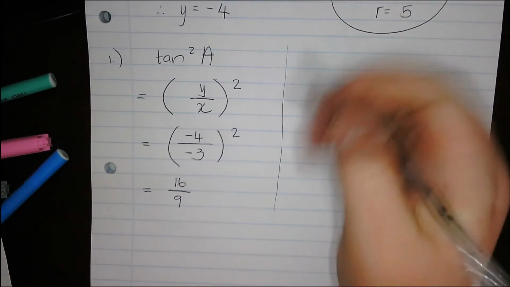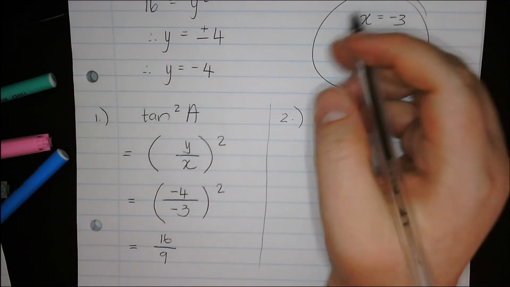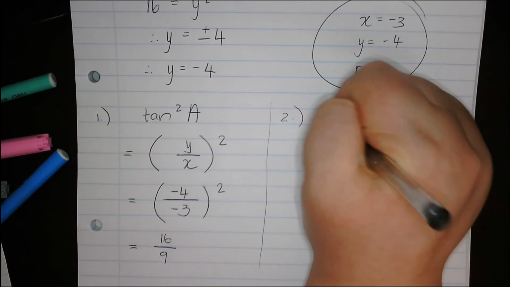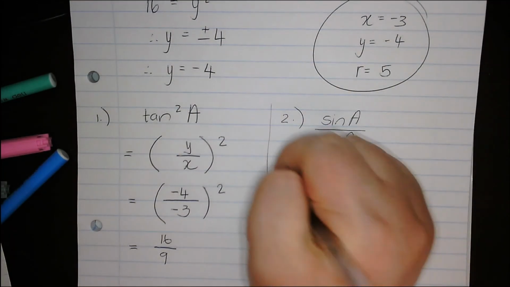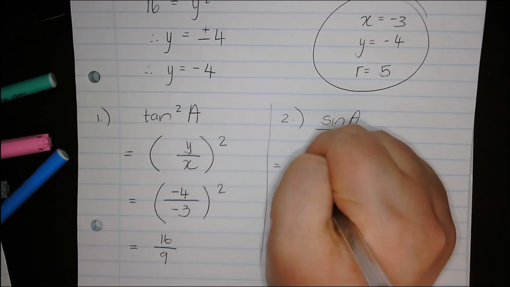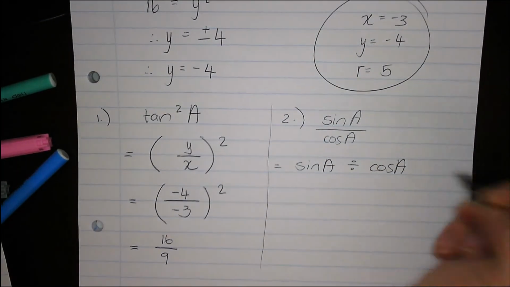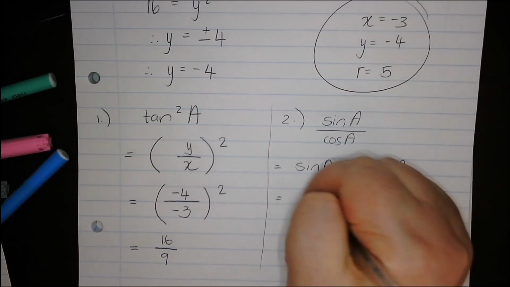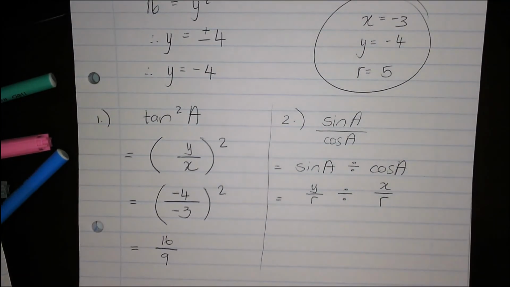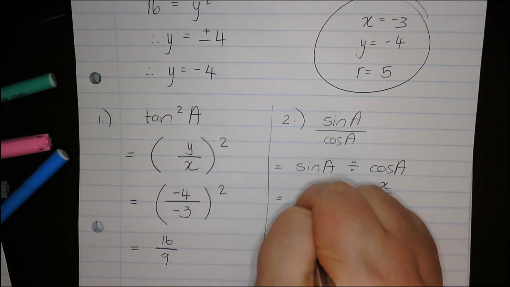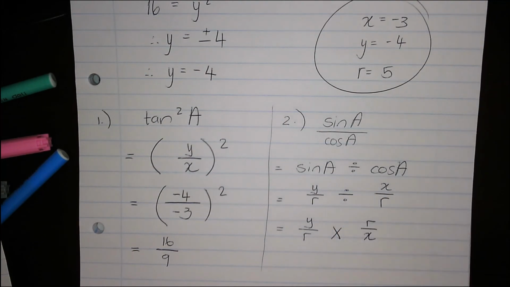Let's look at the second question. We want sine of A over cosine of A. Now I'm going to do this one a little bit different. This is sine of A divided by cosine of A. Shade your rear, cos x rays, tan your exterior, so y over r multiplied by r over x.